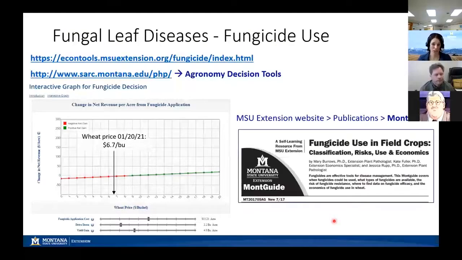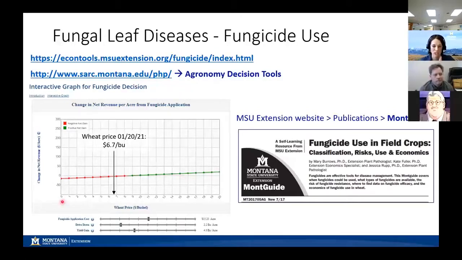And another thing that I want to point out to you is this fungicide decision tool that has been developed as a result of the study that I just introduced. I'm just showing a little snapshot of what it looks like. You can find this tool if you follow this link, or it's also referenced on the website of the Southern Agricultural Research Center in Huntley.